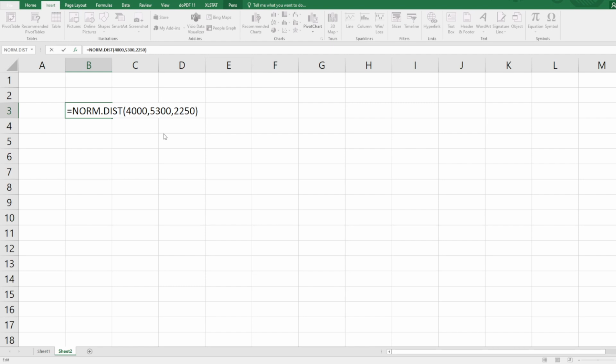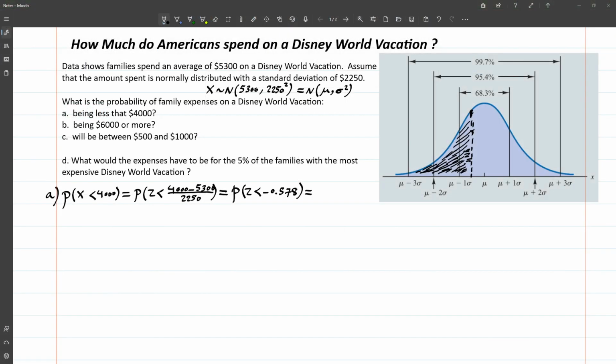So the answer is true. There you go, 0.2817. That's the number. I'm going to copy this number and paste it here. So that's the answer.